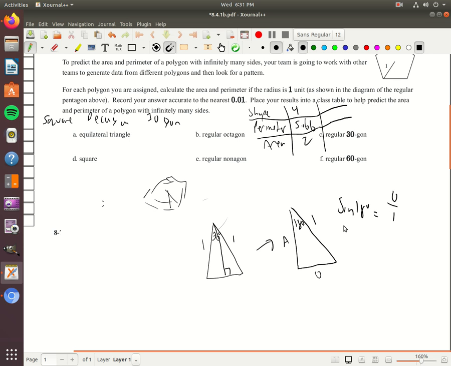The sine of 18 is 0.3090, so I know that this is 0.3090. And now I want the cosine of 18 degrees. The cosine of 18 is going to be adjacent over 1, and again, it's just whatever the ratio is. So the cosine of 18 is going to be 0.9510.